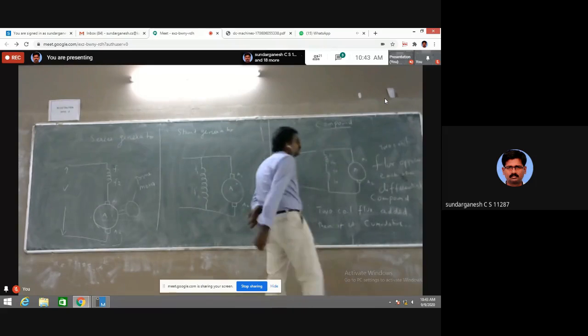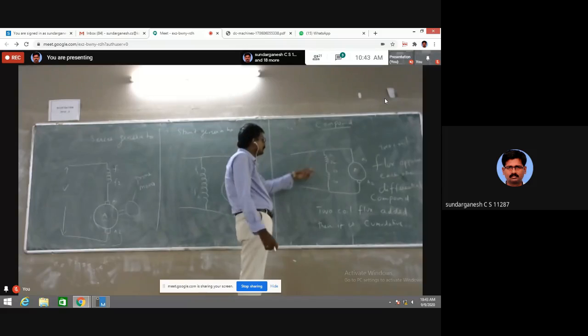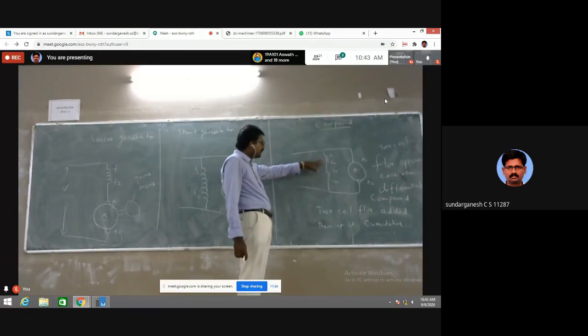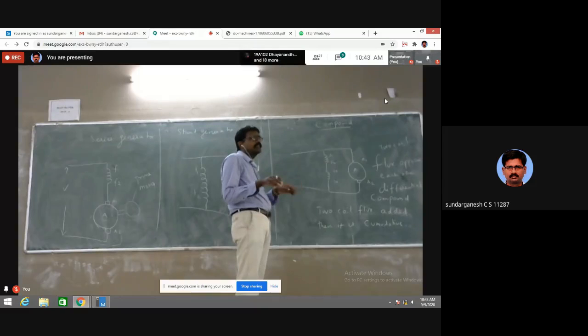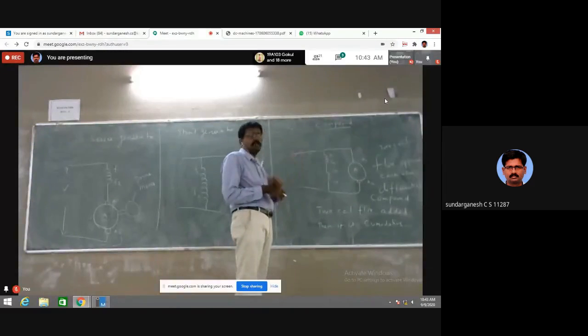So in the compound generator, there are two field coil fluxes. When the fluxes interact and oppose each other, they cancel, and the remaining flux interacts with the armature. That type of compound generator we call a differential compound generator.